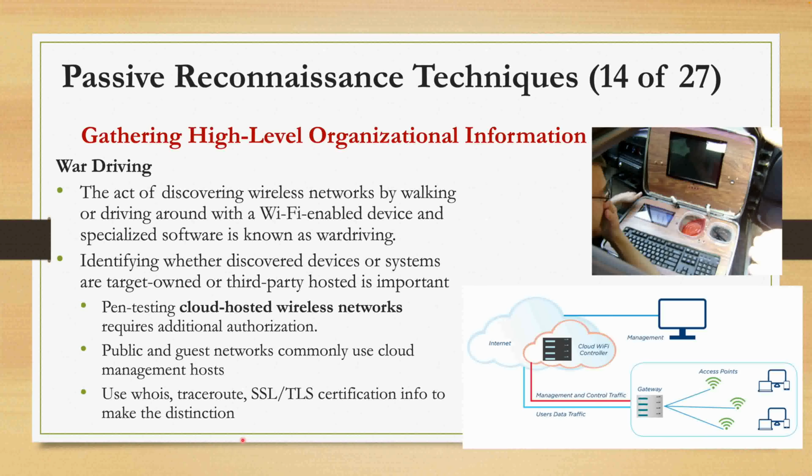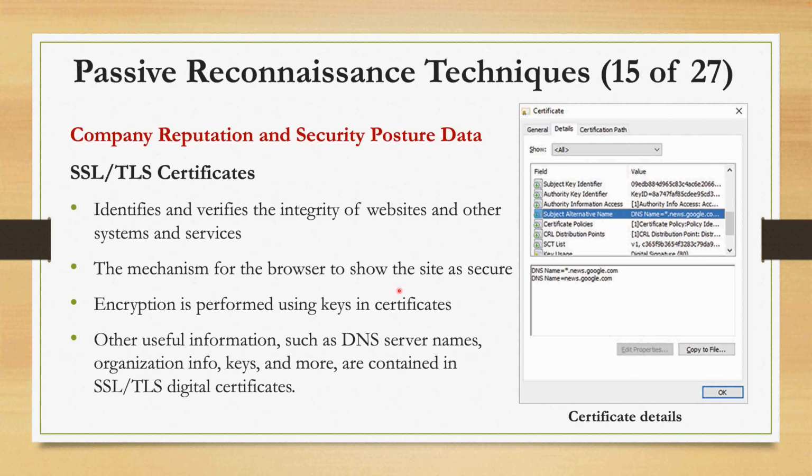And of course, there are some other specialized war driving tools like Kismet or Aircrack-ng, and many more that you need to become familiar with. Now, speaking about SSL/TLS certificates, they identify and verify the integrity of websites and other system services, the mechanism for a browser to show the site as secure.